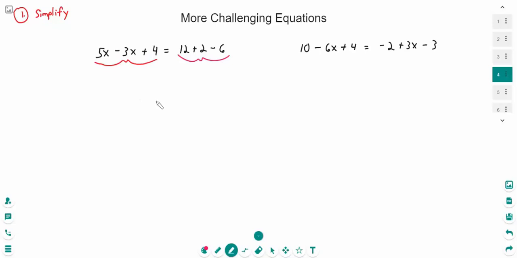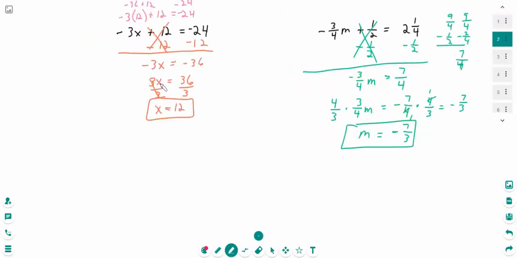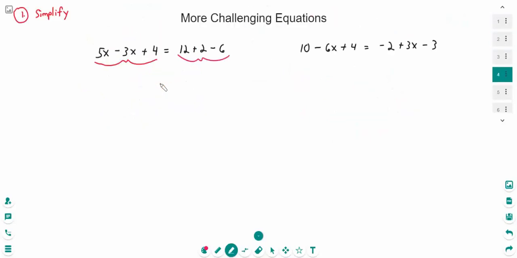And once you've arrived at a place where there is simply no more simplification to do, then we'll move on and start doing what we've done in these previous problems. All right, if you notice, all these previous problems, they were already simplified on the left and right side. There was nothing that we could have done with these equations. Okay, so here though, there is some work that we can do.